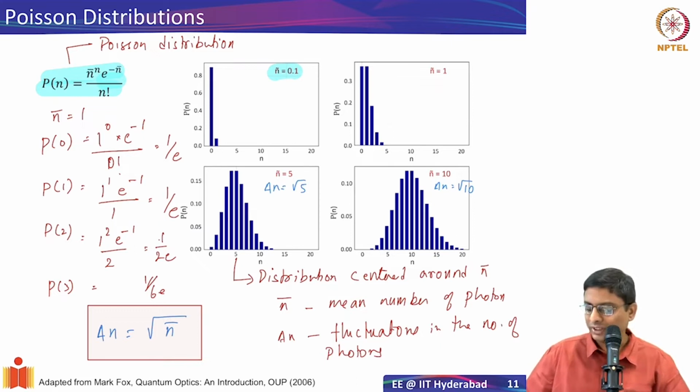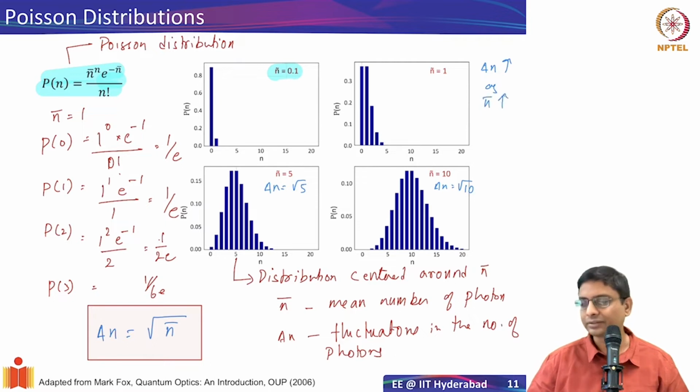So what you are noticing is, if your n bar increases, so the average number of photons increases, the absolute magnitude of the fluctuation increases. So delta n increases as n bar increases. That is one of the features.